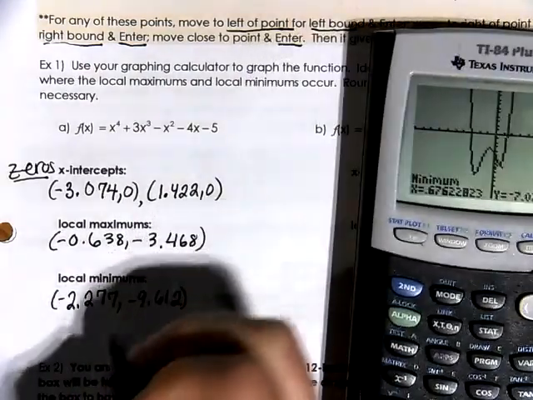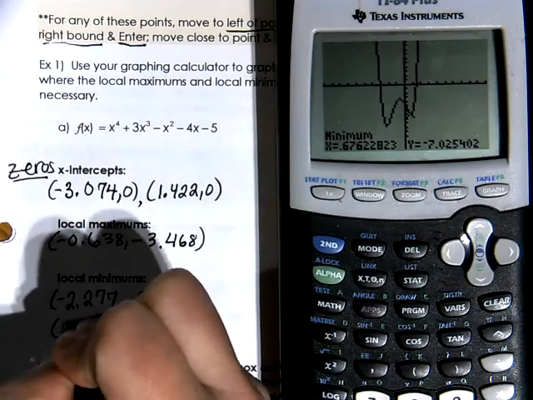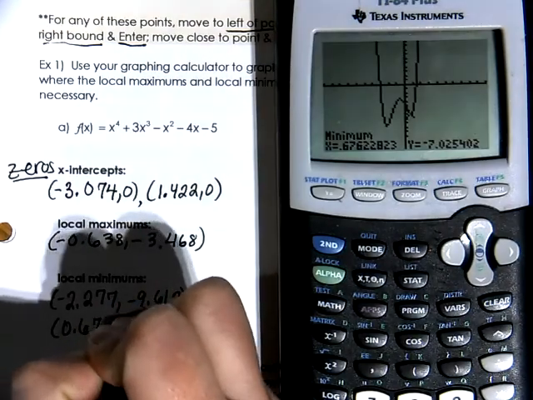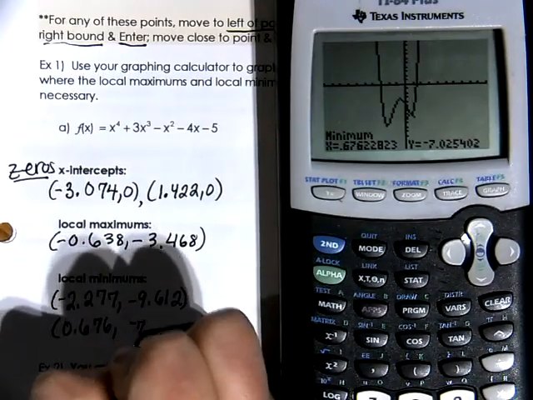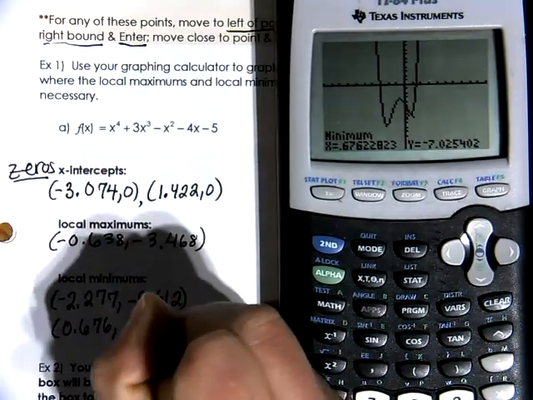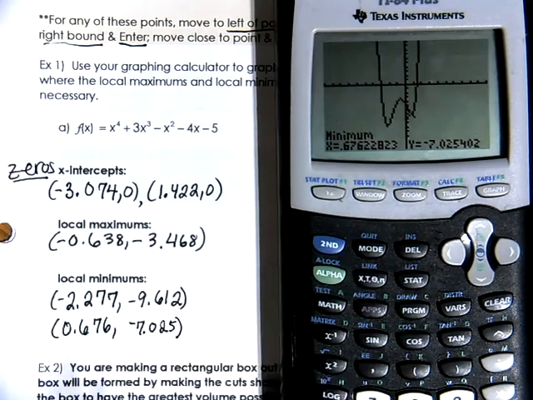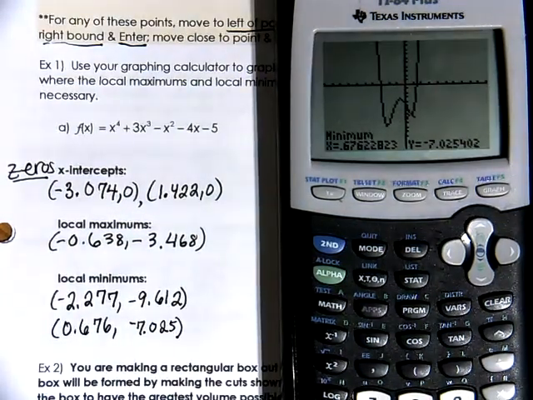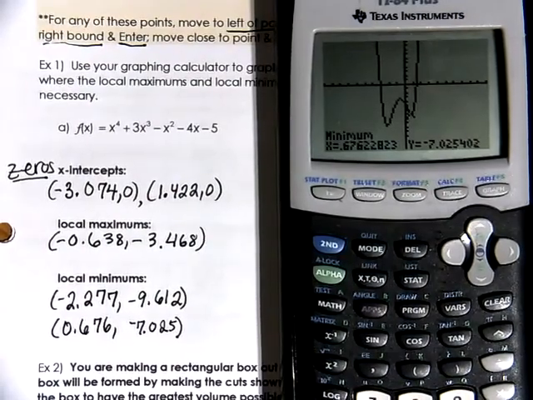And I ended up with my minimum being 0.676 and negative 7.025. And these are the values that I ended up getting. Once again, your values should be really, really close to mine, if not the same numbers.